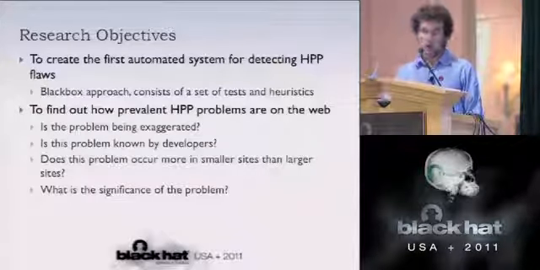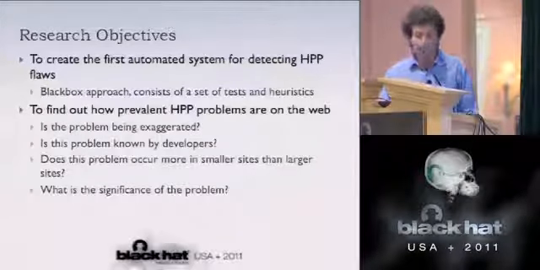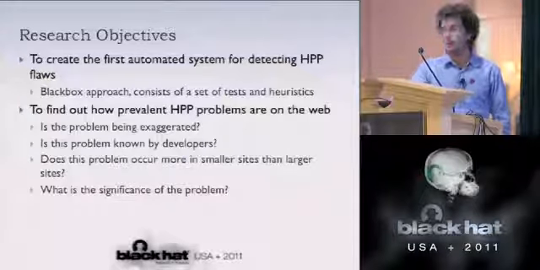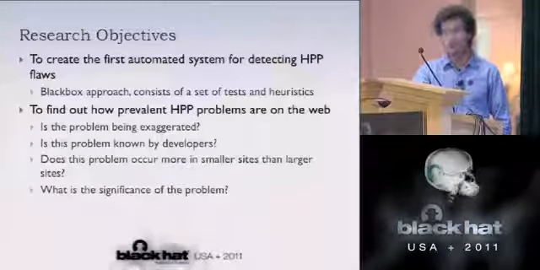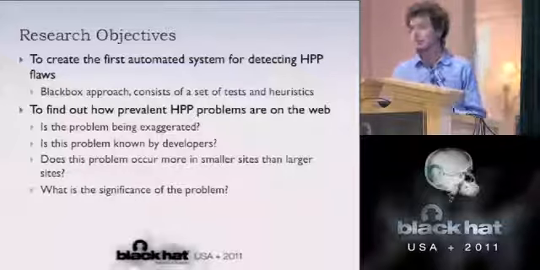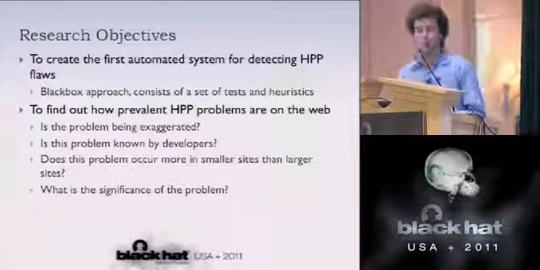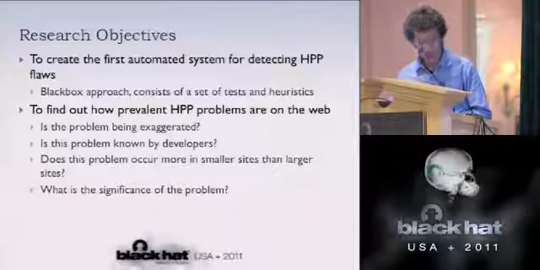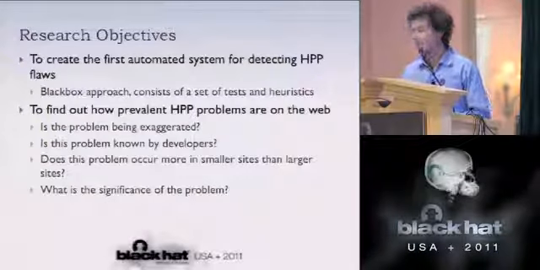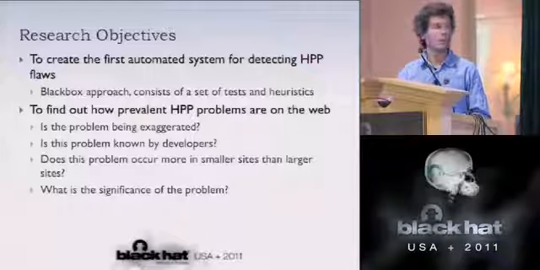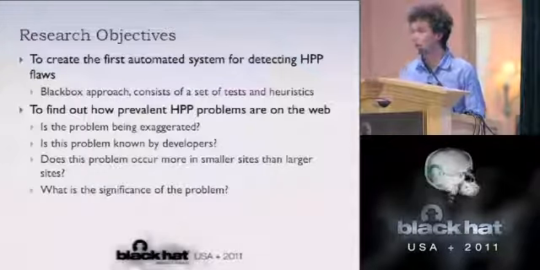What are our research objectives for this work? The objectives are actually two. The first one was to create a system to assess web applications, in order to find out how many real web applications are vulnerable to this problem.